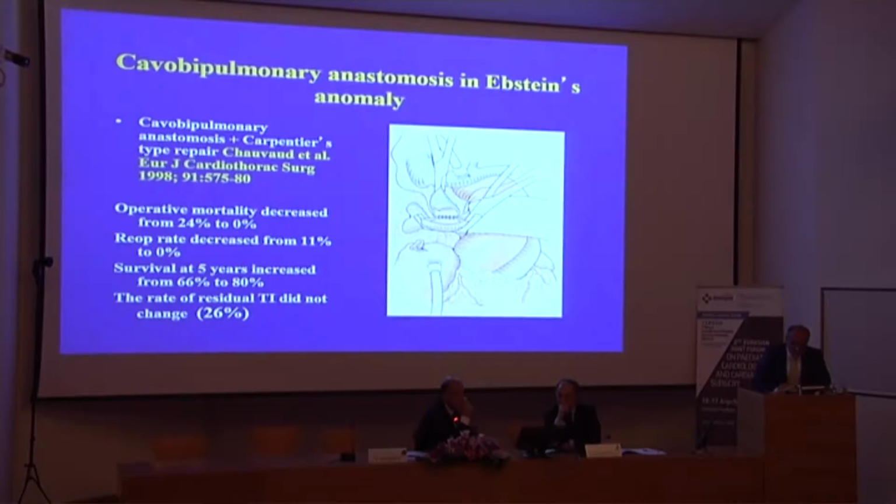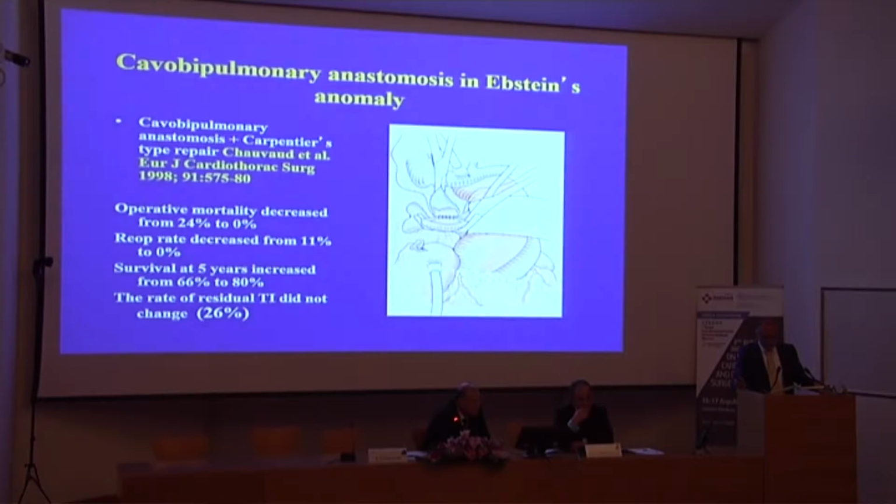Regarding the Glenn anastomosis, Chauvaud, who was one of the consultant surgeons in Carpentier's team, published in the European Journal of Cardio-Thoracic Surgery in '98 the association of the Glenn anastomosis with the surgical treatment of Ebstein's anomaly. As you see here, the operative mortality thanks to the Glenn anastomosis decreased from 24 to 0%.